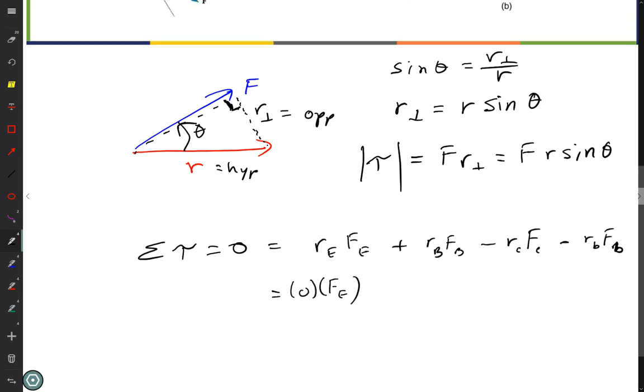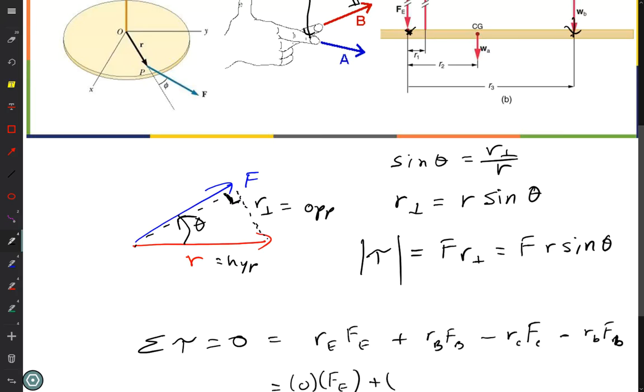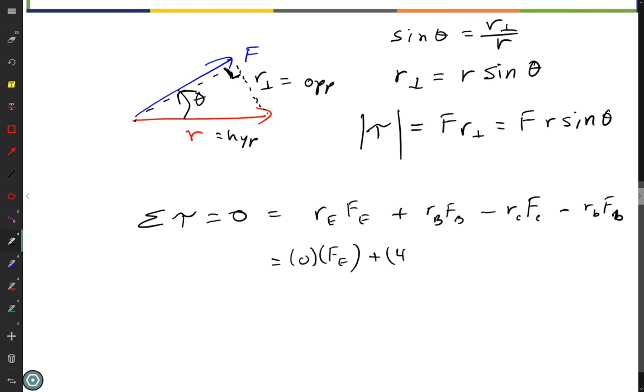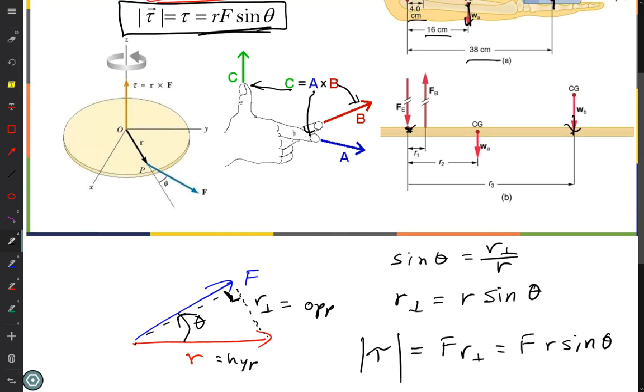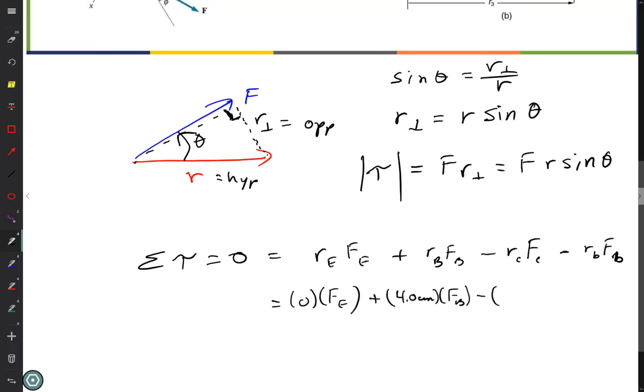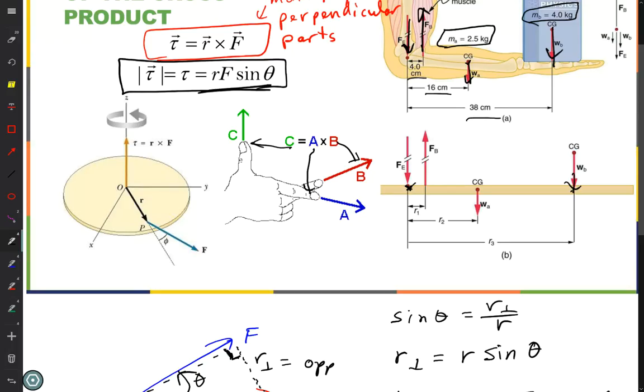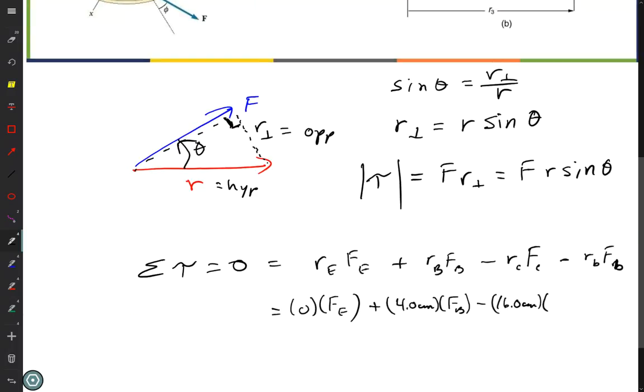0 times the force of the elbow, because I'm summing the torques about that pivot point, plus the radius for the biceps was 4 centimeters. And the force of the bicep, I do not know, minus the radius for the center of mass, which was 16 centimeters, times the force of the center of mass, which I know is 2.5 kilograms times g.